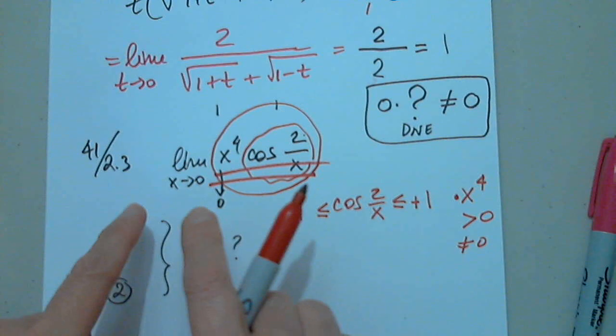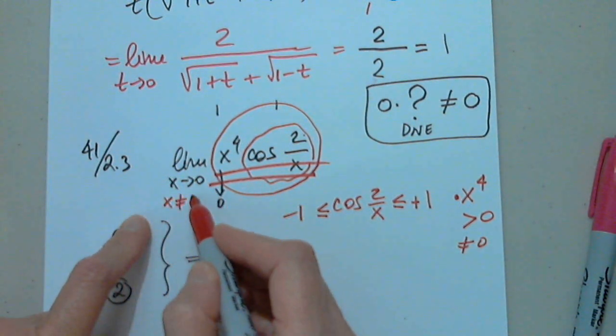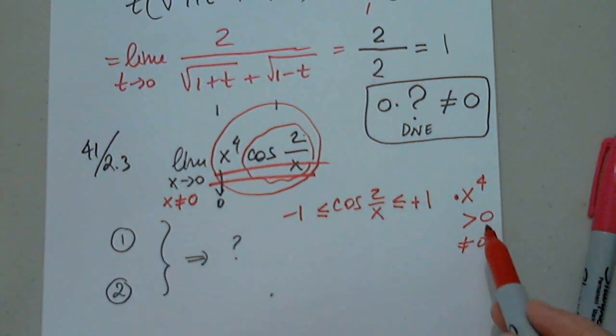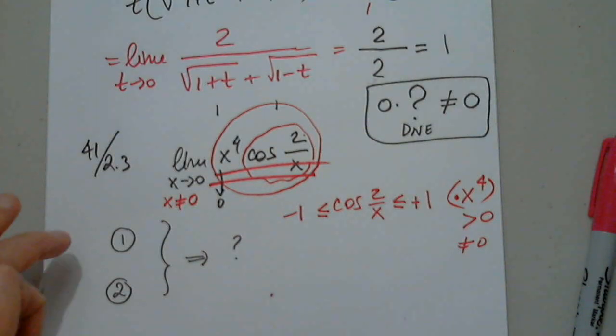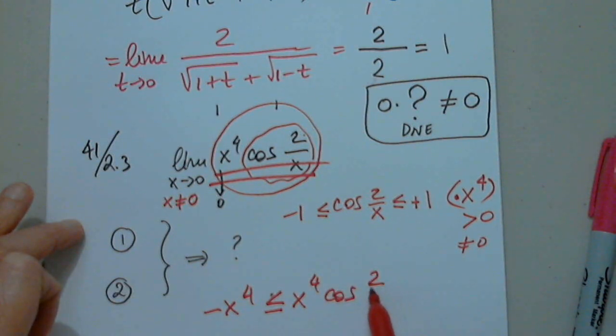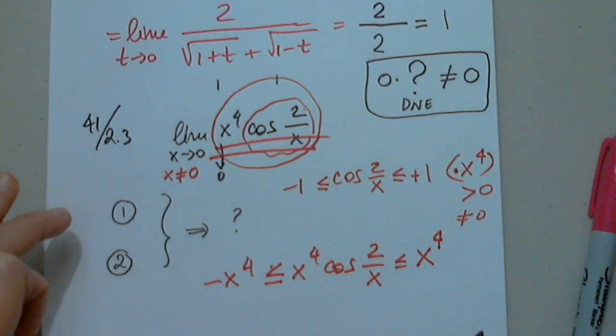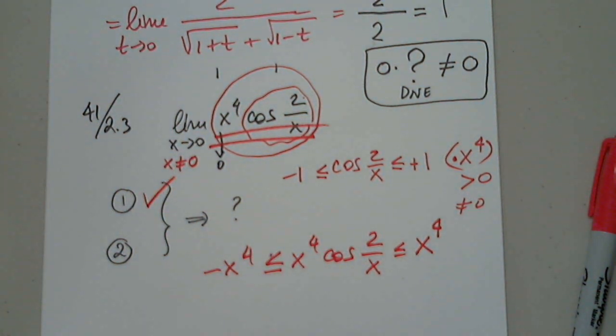Because when x approaches 0, we know x does not equal 0. So these conditions are fulfilled. I'm allowed to multiply all three sides by x to the 4th. So negative x to the 4th is less than or equal to x to the 4th cosine 2 over x, which is less than or equal to x to the 4th. I fulfill the first hypothesis. I have the first hypothesis of the squeeze theorem down.